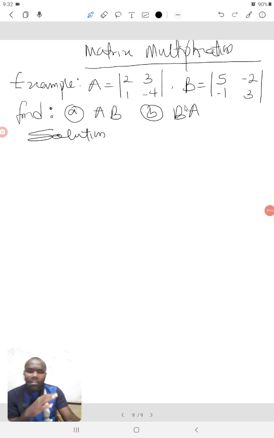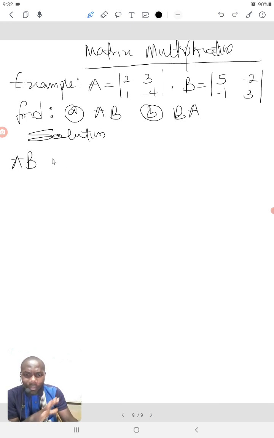These are other basic operations of matrix. It's matrix multiplication. It has some techniques and ways of doing it, and it is very simple. I will solve AB, BA. I'll give another one to do as your own practice, for you to solve AB.